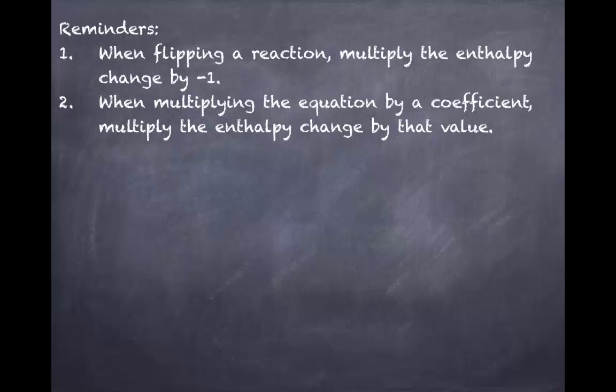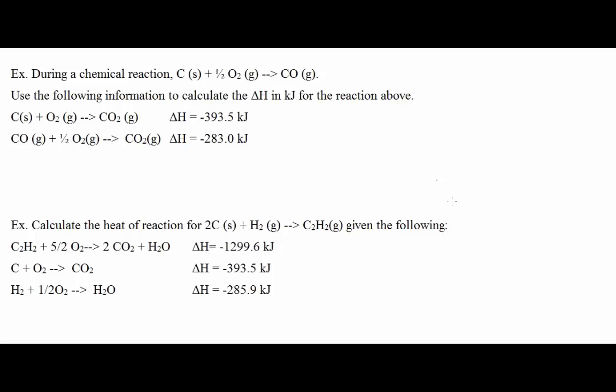So let's actually look at an example to understand how Hess's law helps us calculate the enthalpy change for a reaction. In this example problem, it tells me that I have carbon reacting with oxygen to produce carbon monoxide, and it's wanting to know the change in enthalpy that occurs in this reaction.